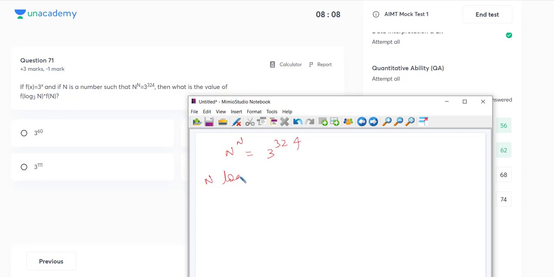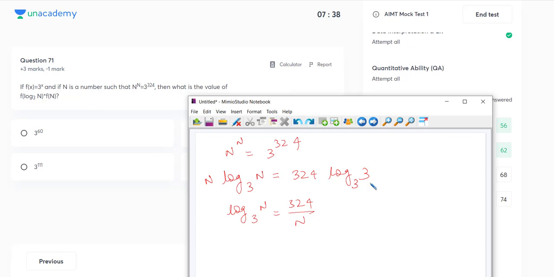So n log n is equal to 324 log 3. Now divide by log 3 on both sides. So log of n to the base 3 becomes 324 divided by n.